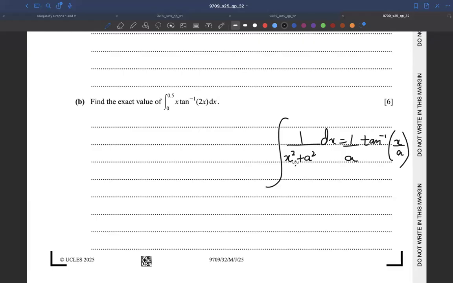So the integration of this term we know, and we cannot integrate tan inverse of 2x.